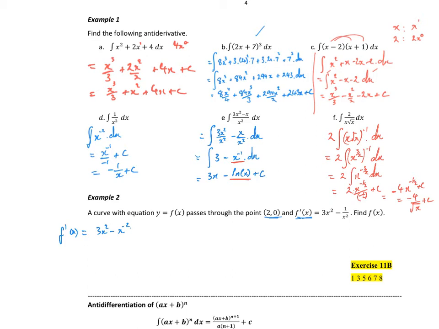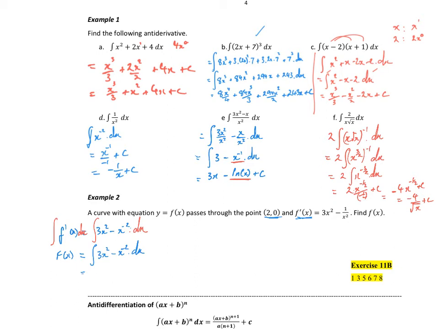So in reality, what I'm going to do here is take an antiderivative of both sides. Because the antiderivative of f dashed of x is f of x. And that's equal to the antiderivative of 3x squared minus x to the minus 2 dx.